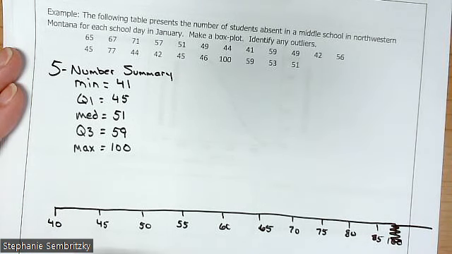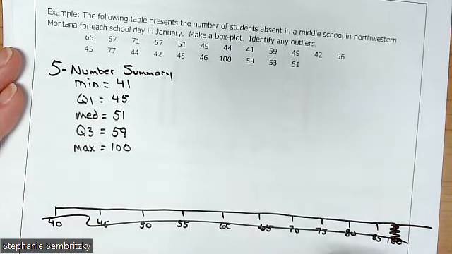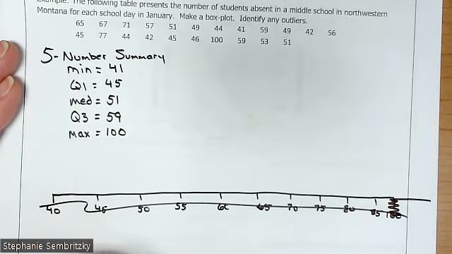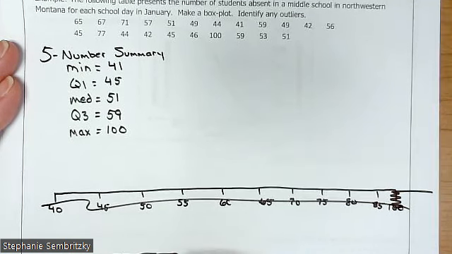Gosh, I should have started smaller. 40, 45, 50, 55. That might work better. 60, 65, 70. It's better when there's a grid already drawn for you. I'm going to do that next year. Okay, 100.